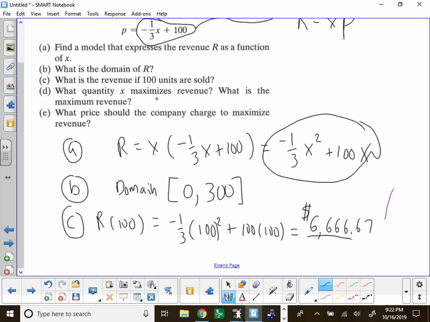Okay. So we could do negative b over 2a. If we did negative b over 2a, it would be at 150, wouldn't it? Because it would be negative b, which would be negative 100, over 2a, which would be 2 times negative 1/3.